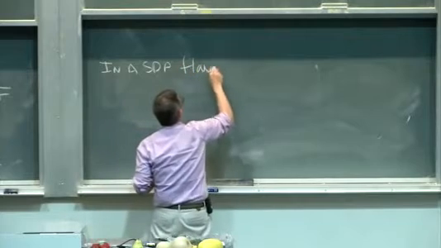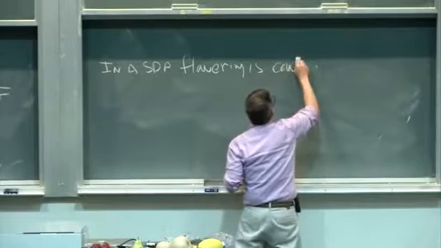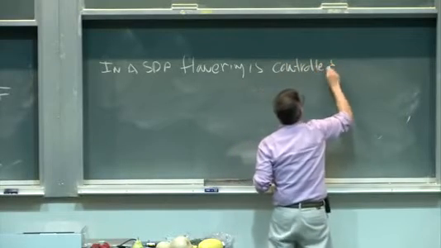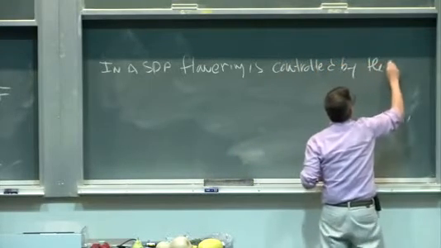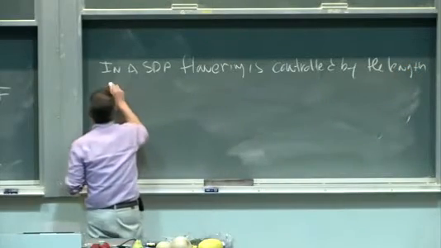flowering is controlled by the length of the uninterrupted dark period.